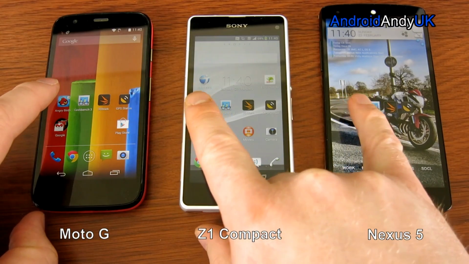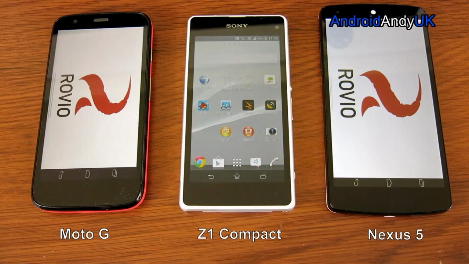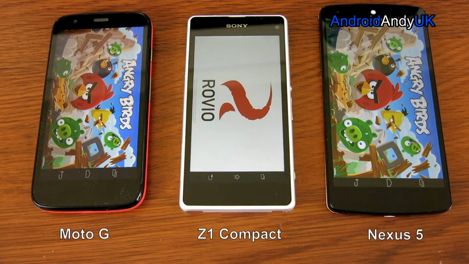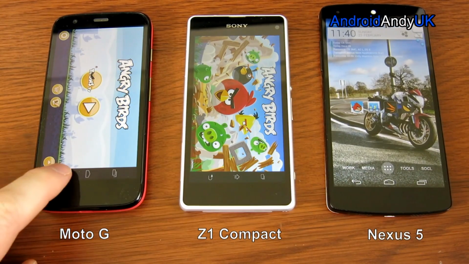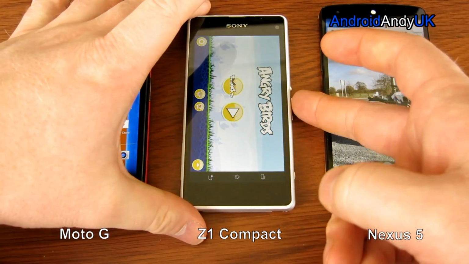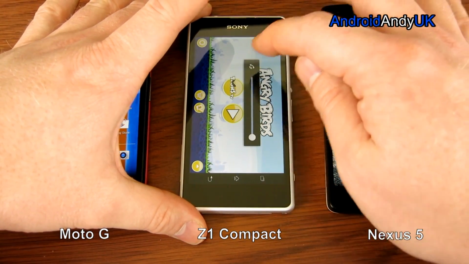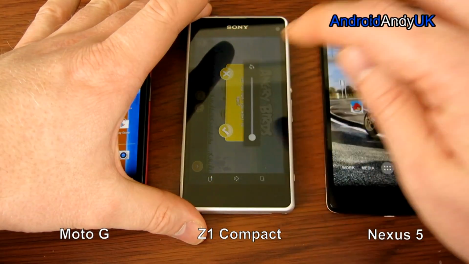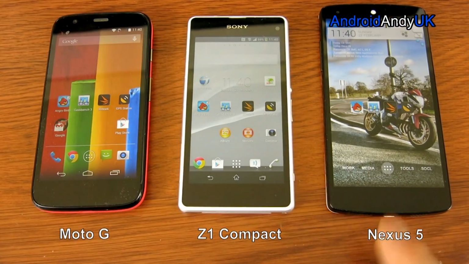Let's try one more though. It's looking like the same result. The Z1's taking a little while to initially start up. I'm not sure why there's no sound coming from the Z1, but strange. So first, second, third.